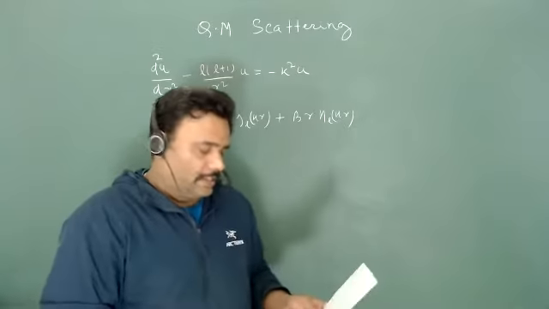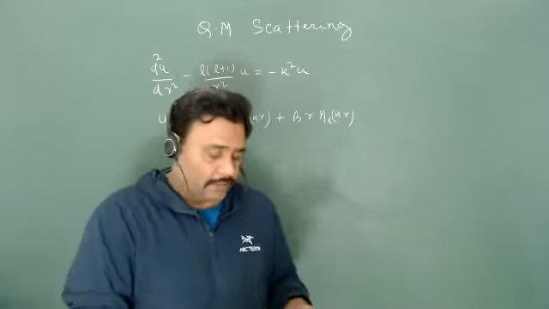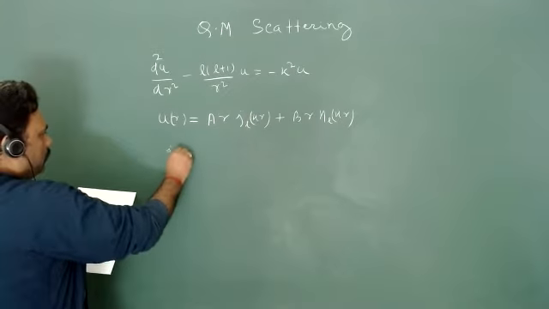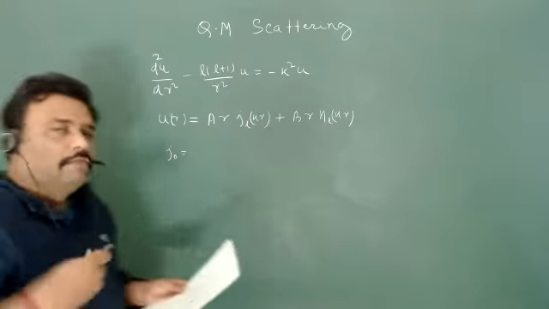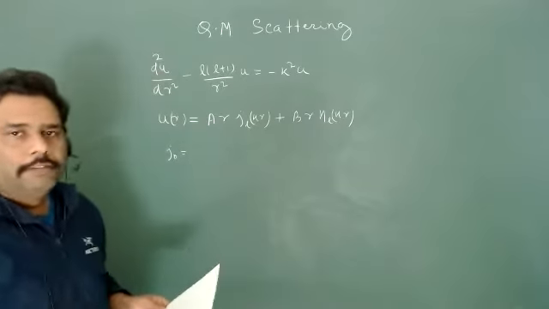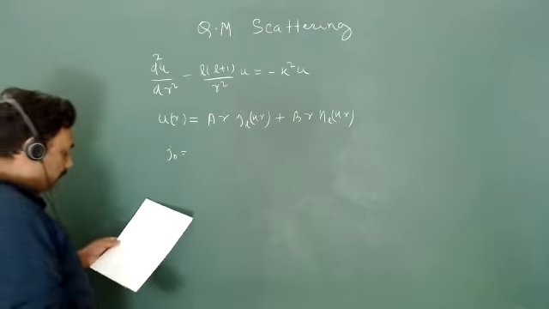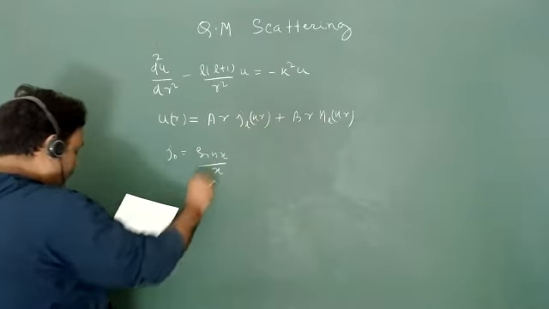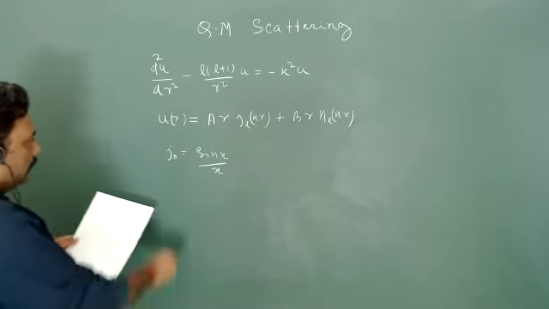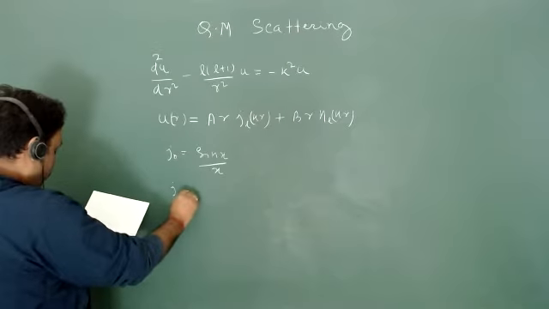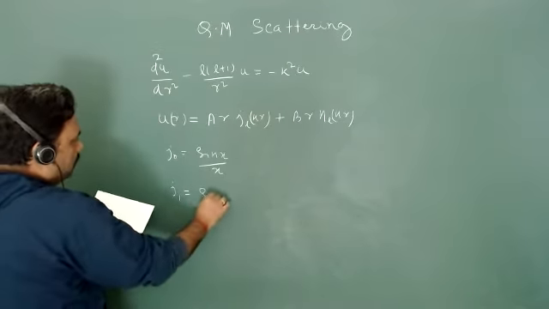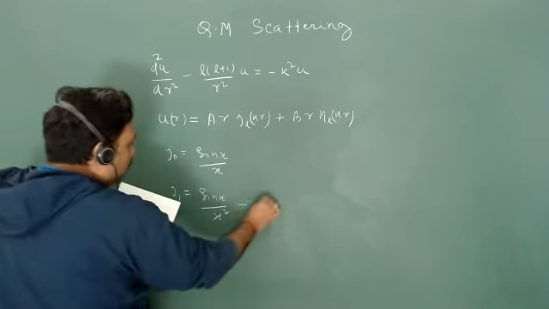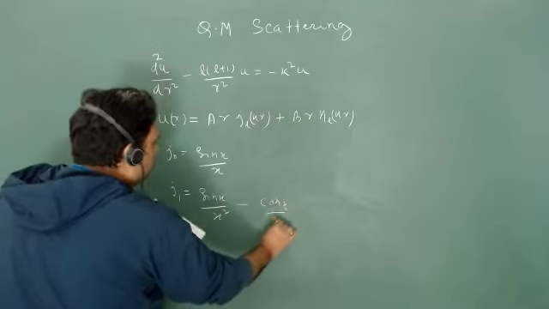Let me give you some basic examples of these two functions. For L equal to 0, obviously L goes from 0 to all positive integers. So j0 is nothing but sin x by x. Similarly, j1 is sin x by x square minus cos x by x.